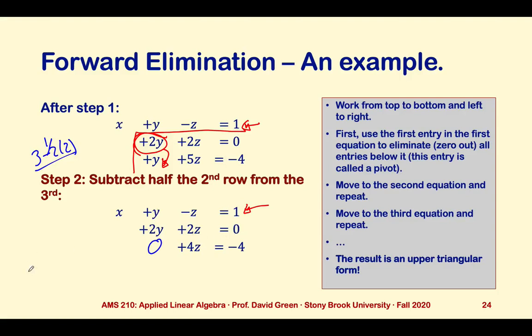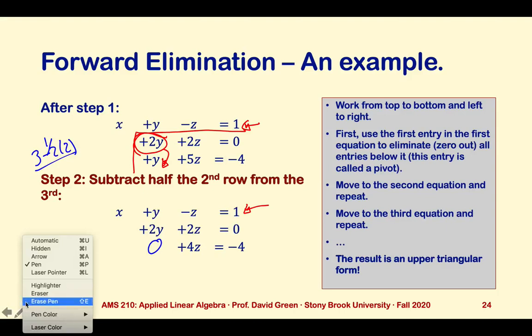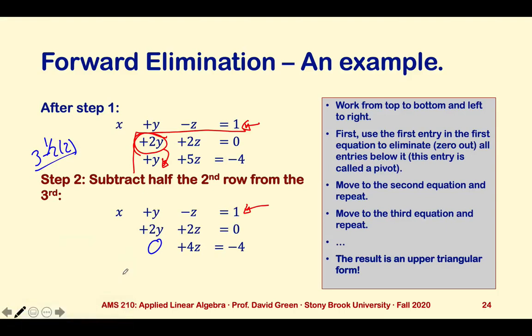Now we have successfully done the same thing that we did with the first column. The first column still has a single position with x, and the rest are zeroed out. And what we've now done is we've zeroed out an additional piece here.